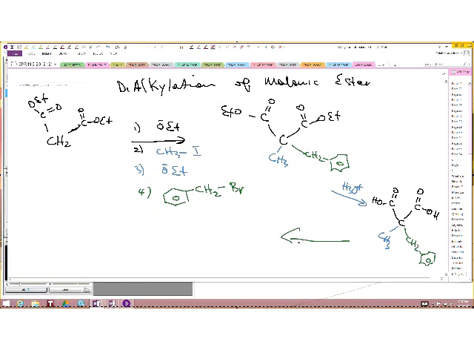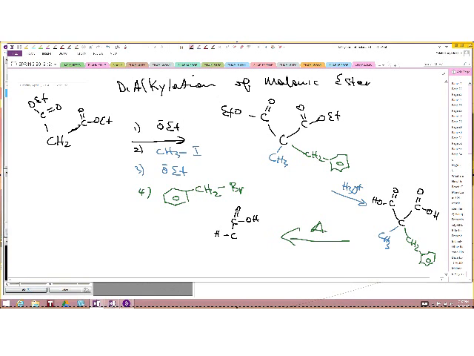And now when you apply heat, one of these carboxylic acid will be gone, right? This hydrogen will now come right here. So now we get this. That hydrogen is now there.